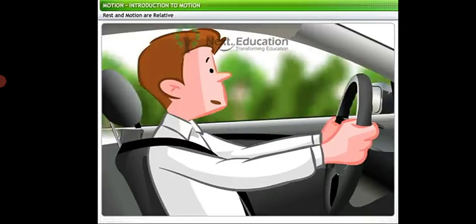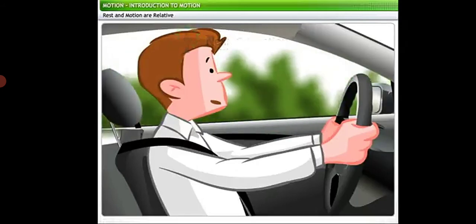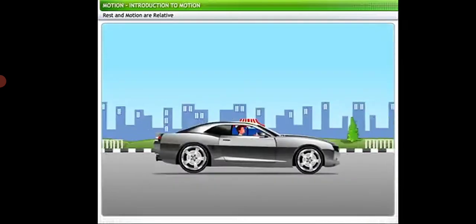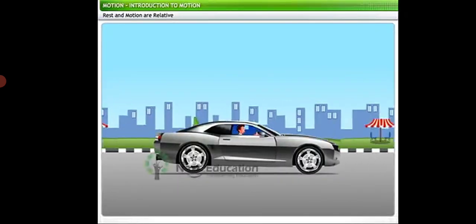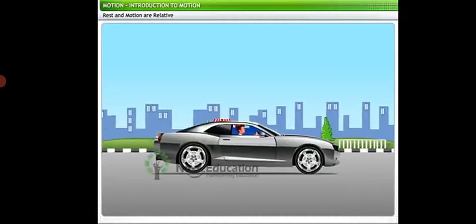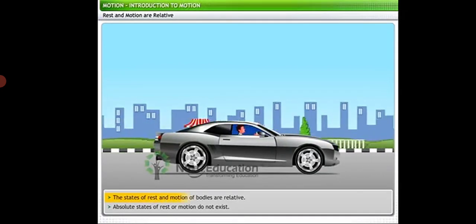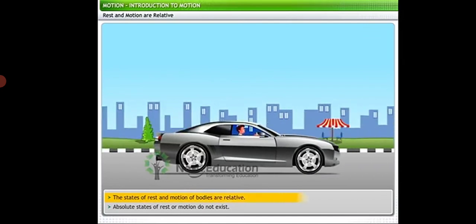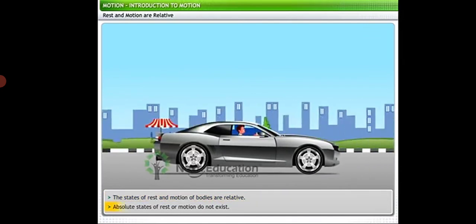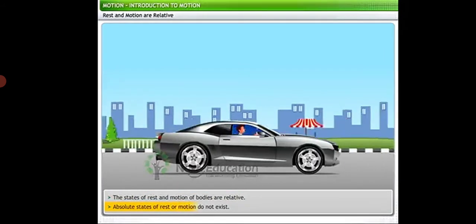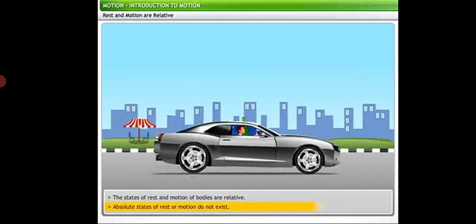This is because with respect to the car, the driver is at rest, but with respect to other things around he is in motion. Thus, the states of rest and motion of bodies are relative. Absolute states of rest or motion do not exist.